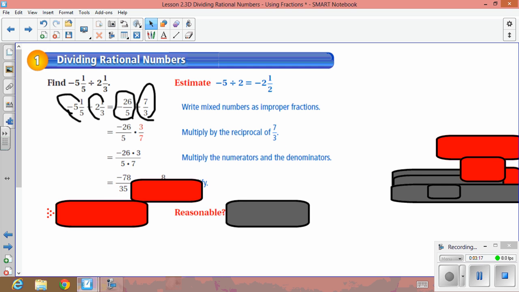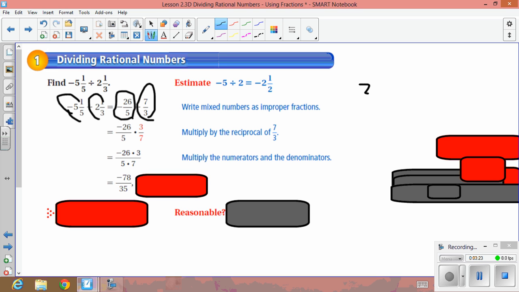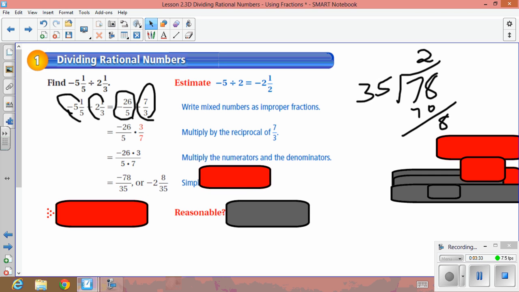So we get -78/35, and we can divide that out. 35 goes into 78 2 times, with 8 left over, so we get a final answer of -2 and 8/35.